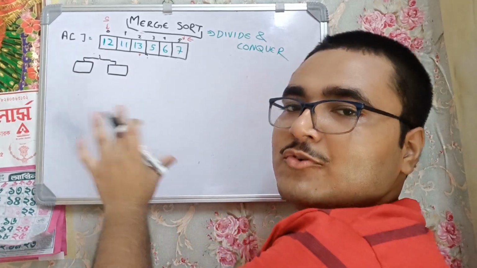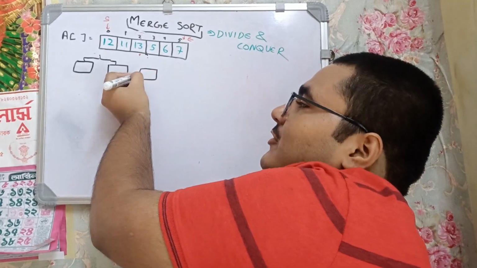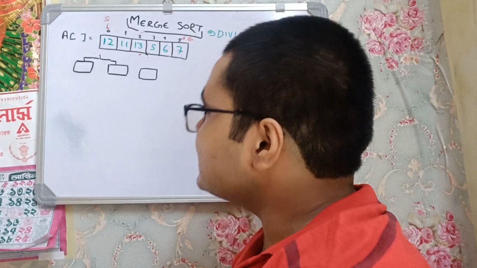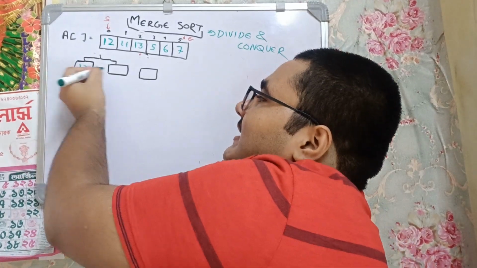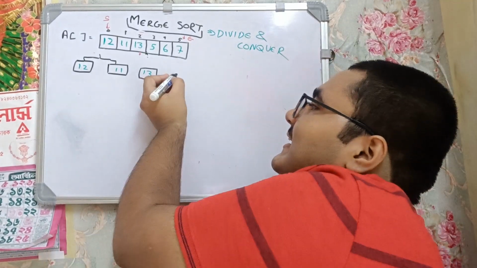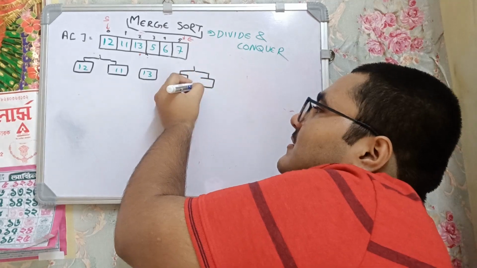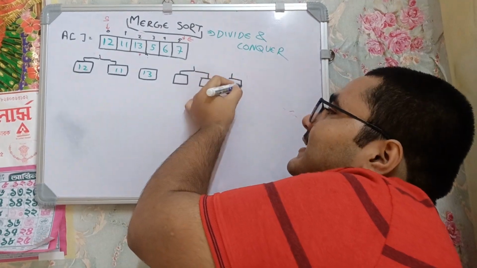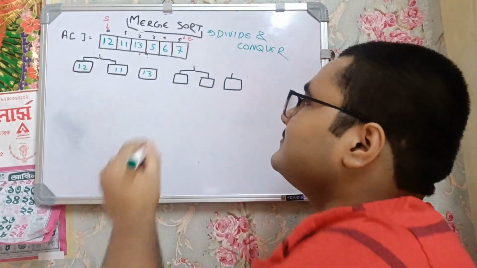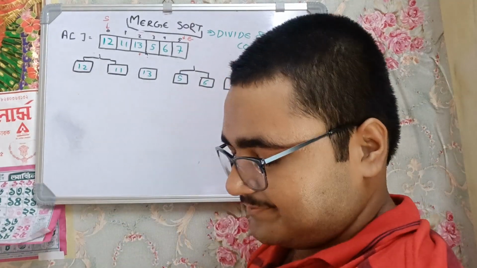I hope you have already noted. From there we are continuing, and this is 13 from a separate tree, the right subtree. So 12, 11 and 13. And from the left half we had 5, 6, and from a separate tree we had 7. Fine. 5, 6 and 7, right?